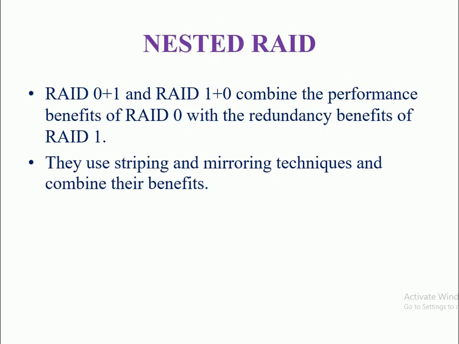Now next is nested RAID, which is the combination of more than one RAID configuration. That is, RAID 0 and RAID 1 can be combined, or RAID 1 and RAID 0 can be combined. It can utilize the performance benefits of both RAID 0 and RAID 1. As you know, RAID 0 uses striping and RAID 1 uses mirroring.